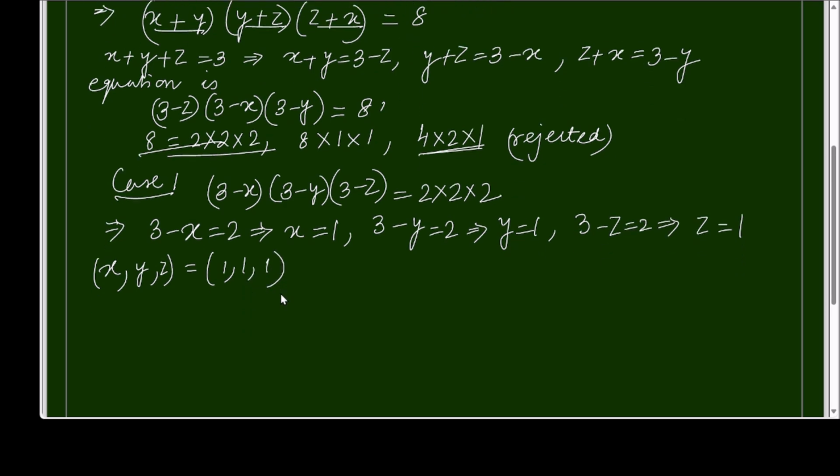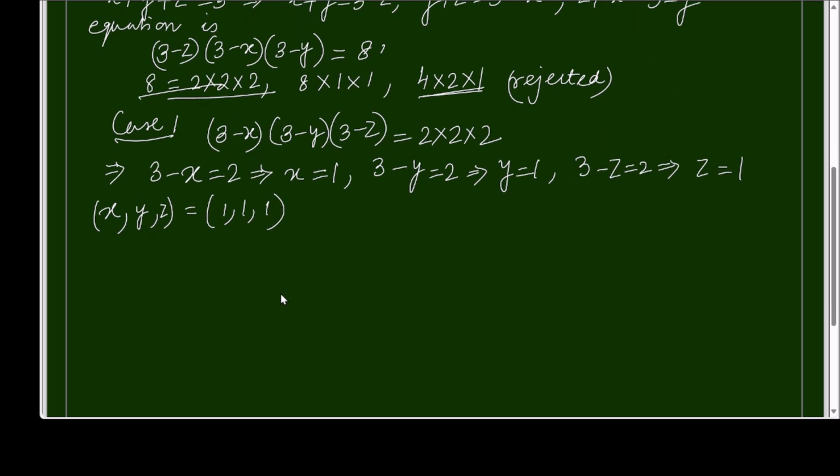Now coming to the second factor set, 8, 1, 1. Before that, let us analyze some more things or think critically. If we take the sum of the three factors, 3 minus x plus 3 minus y plus 3 minus z equals 9 minus (x plus y plus z). x plus y plus z is 3, so this is 9 minus 3, 6.